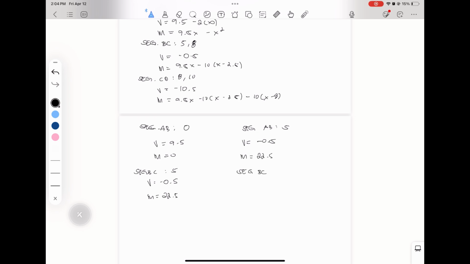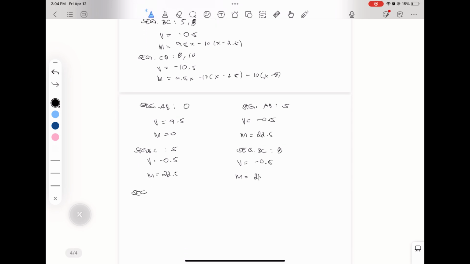Segment BC, when it's 8, shear is still the same, negative 0.5, moment is equal to 21.